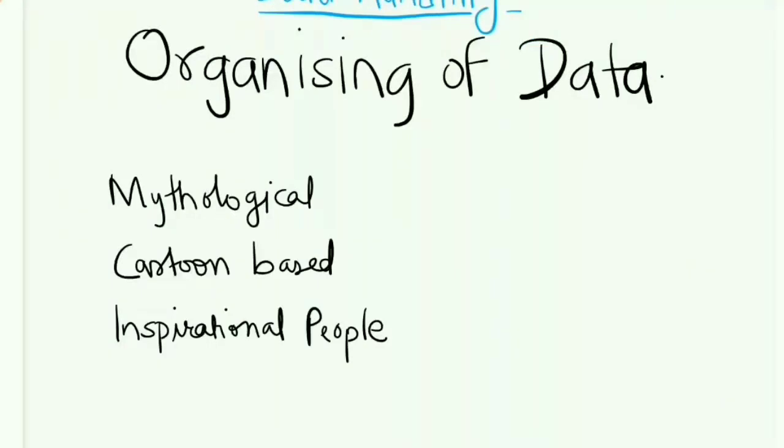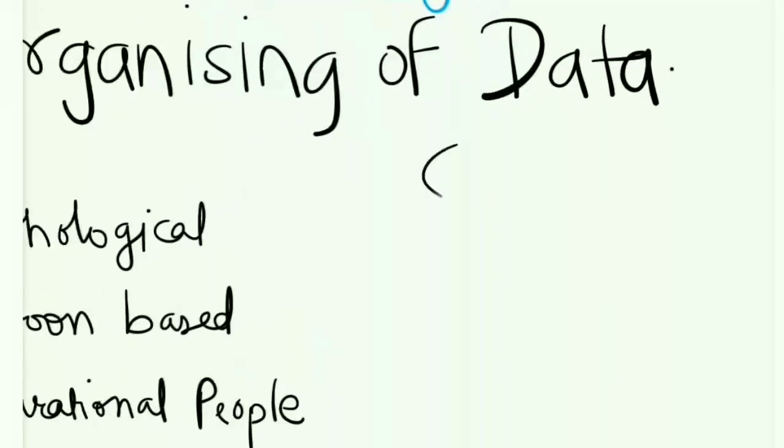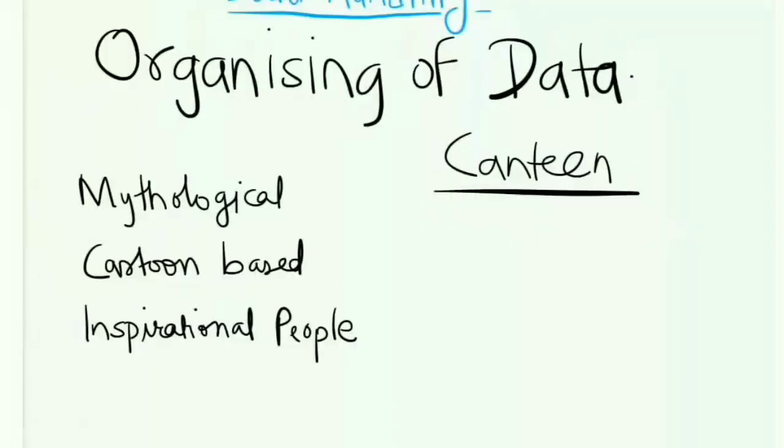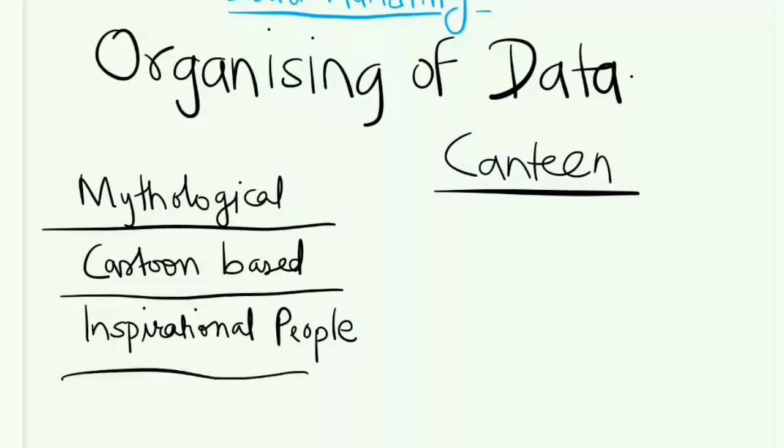Now let's see why we would want to organize our data. Let's take an example that in a particular school, authorities wanted to paint over the old canteen, and they gave 3 themes to the students: mythological characters doodle, cartoon based doodle, or inspirational people based doodle.